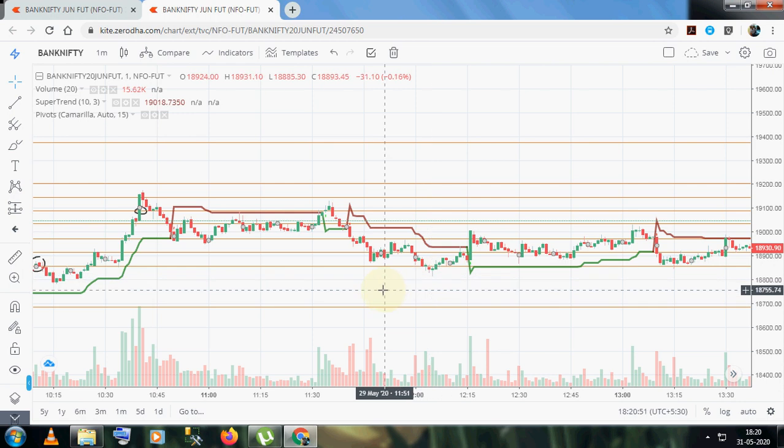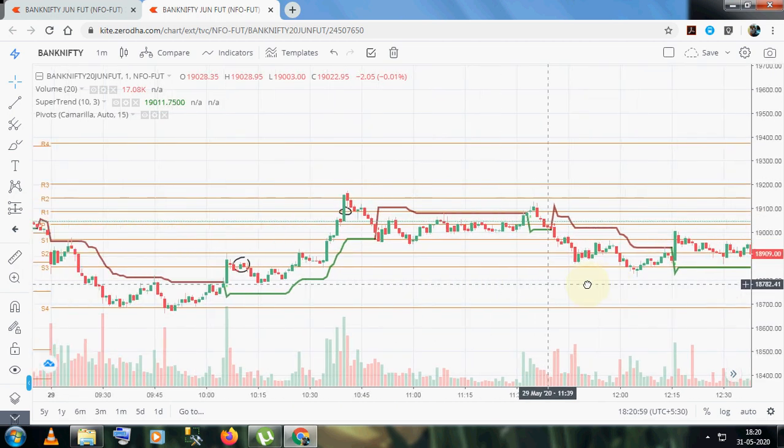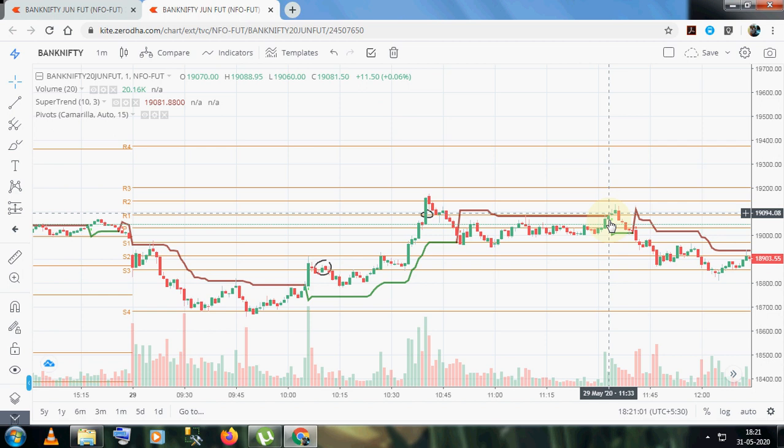So always you have to make sure that whenever there is a call of super trend, you have to correspondingly check whether this call is in the support region. This call you got it in the resistance zone or resistant region.